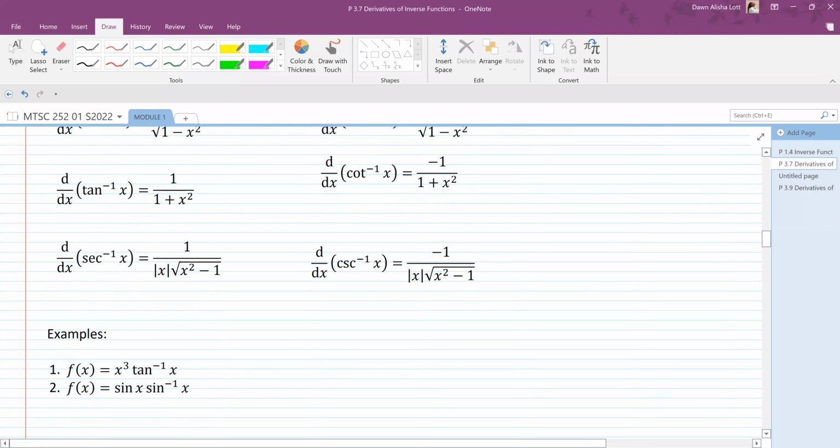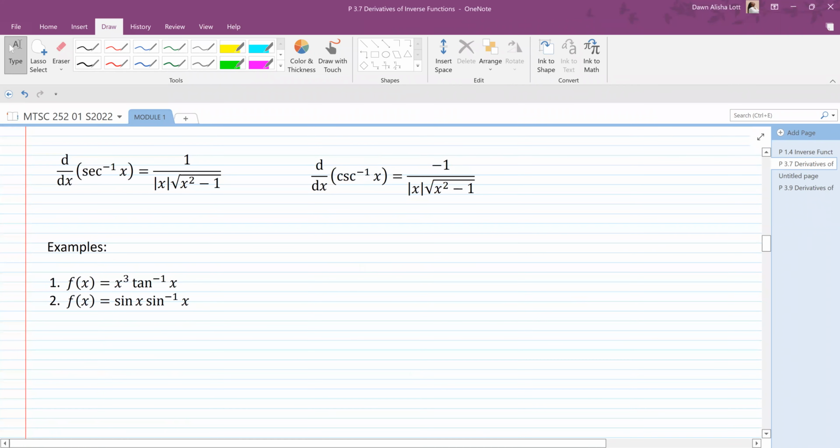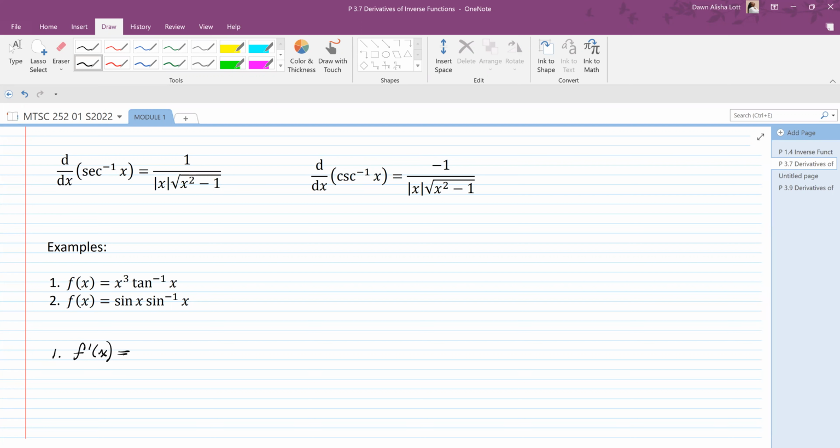So example 1 is to find the derivative of x cubed times the tan inverse of x. So for number 1, f prime, what kind of rule am I going to use to do this problem? This is actually an easy one. I'm just going to use the product rule.